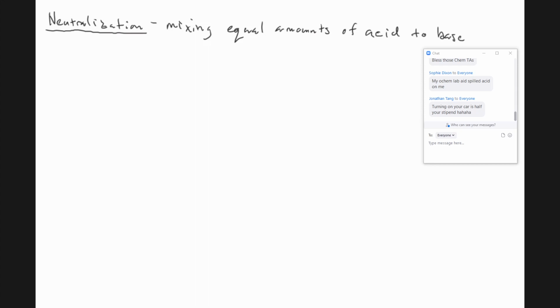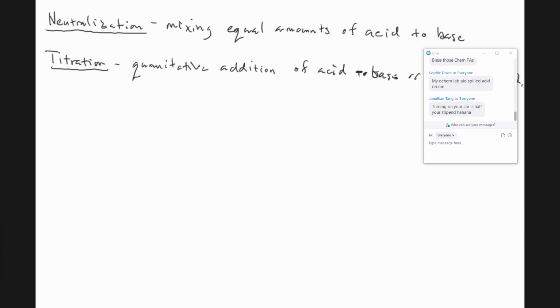And titration is quantitative addition of acid to base or base to acid. That's what titration is, right?